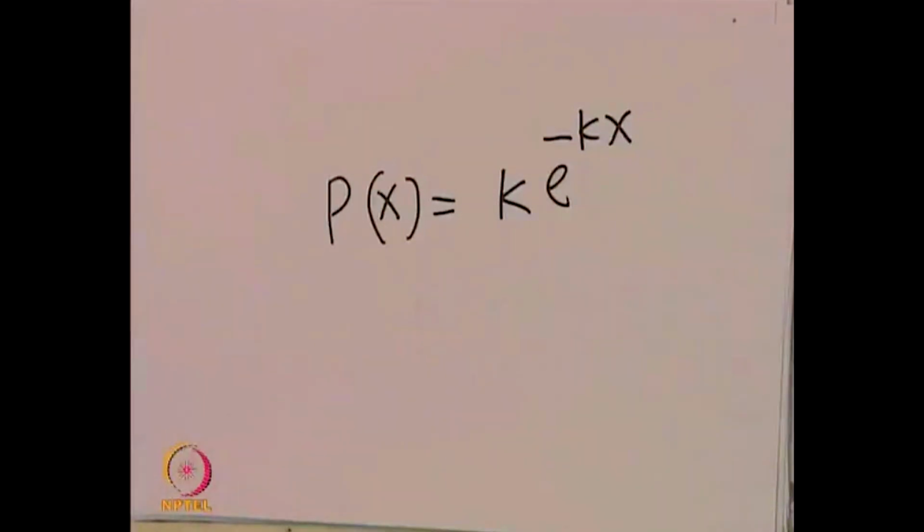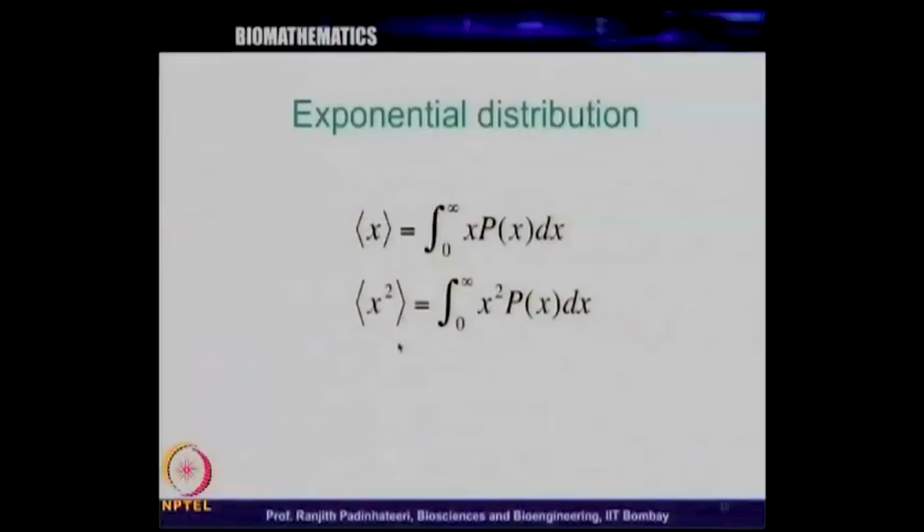How do we find the average? What is the average of this? The average of this is defined in the typical fashion. The average for any distribution function is defined as the integral of x p of x dx. The integral here is 0 to infinity, because x can go only from 0 to infinity in the case that we are interested in.